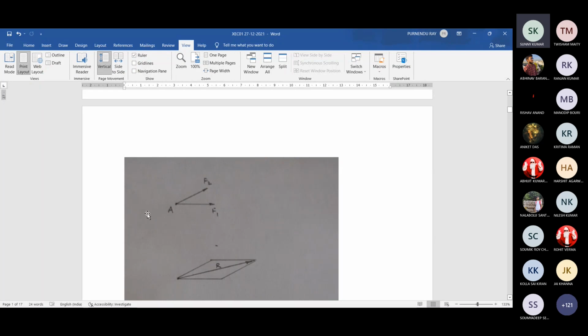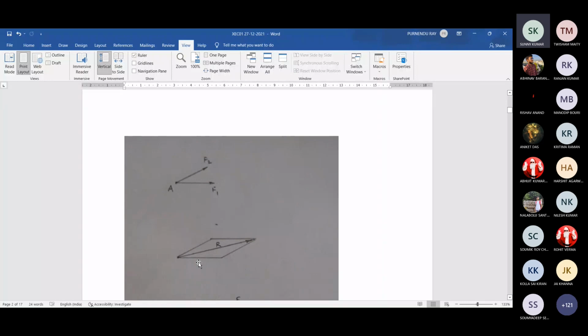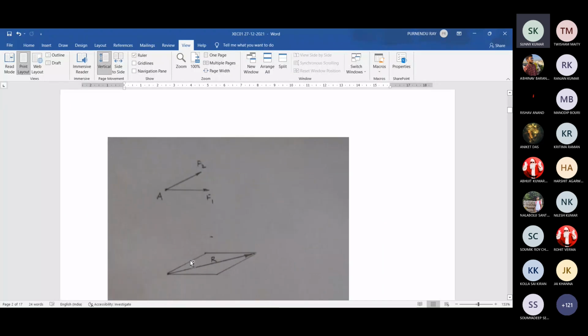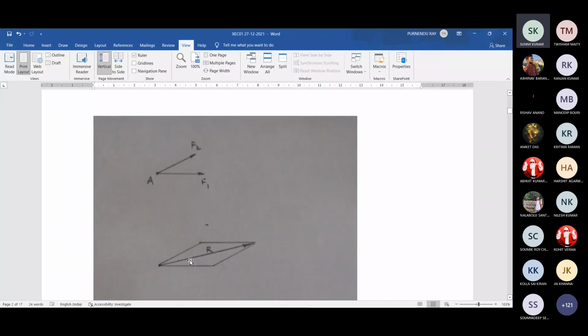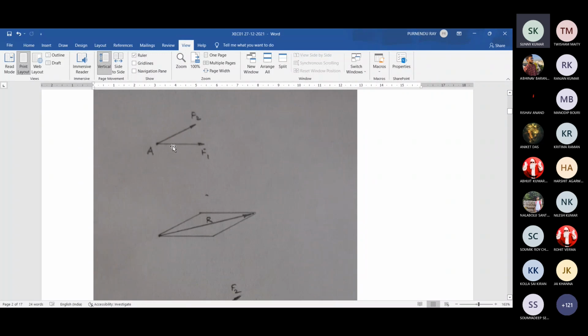Now to start with, for the static, suppose at a particular point two forces F1 and F2 are acting. To understand the magnitude of the resultant, it is not a simple addition of these two quantities. So this is the law of parallelogram. Then we shifted to non-concurrent forces on a plane.